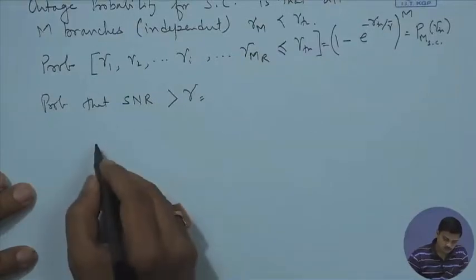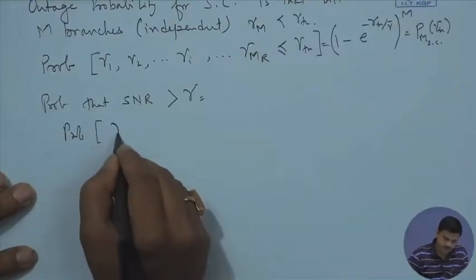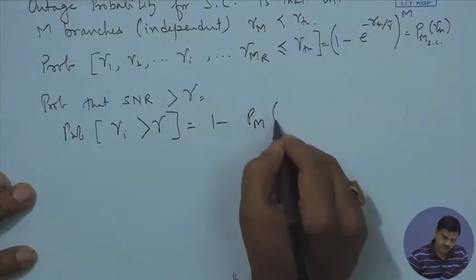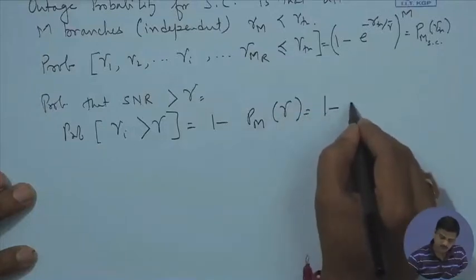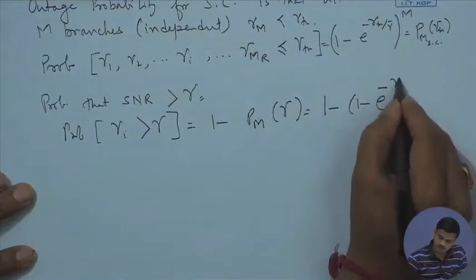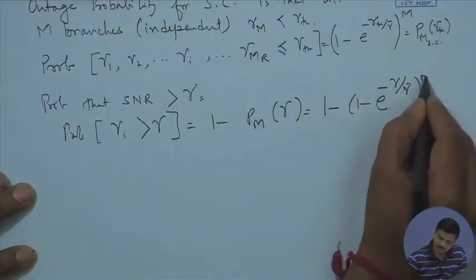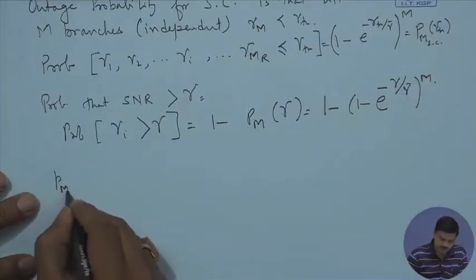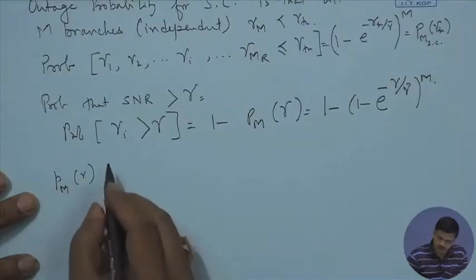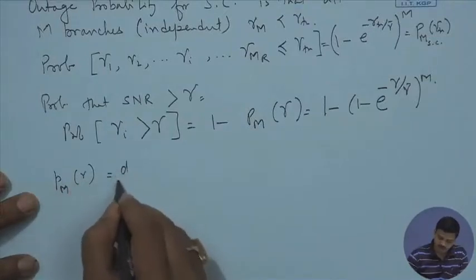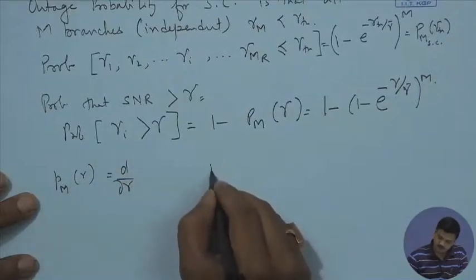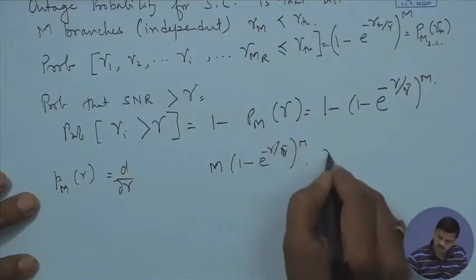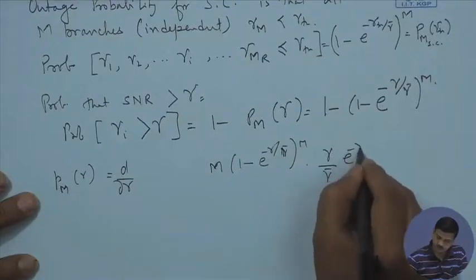For one or more branches, it is basically the probability that gamma i is greater than a certain SNR, which is 1 minus P_M of gamma, which is 1 minus e to the power of minus gamma by gamma bar, raised to the power of M. And if I would like to calculate the PDF of gamma, the density function of this, we take the d/d gamma of the above expression, and this would lead to M times 1 minus e to the power of minus gamma by gamma bar raised to the power of M minus 1, times 1 by gamma bar e to the power of minus gamma by gamma bar.